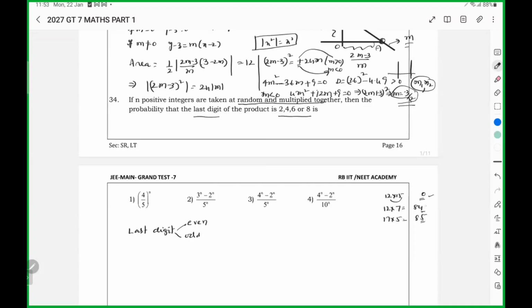The units place can be any number from 0 to 9. That is, 10 ways are possible.